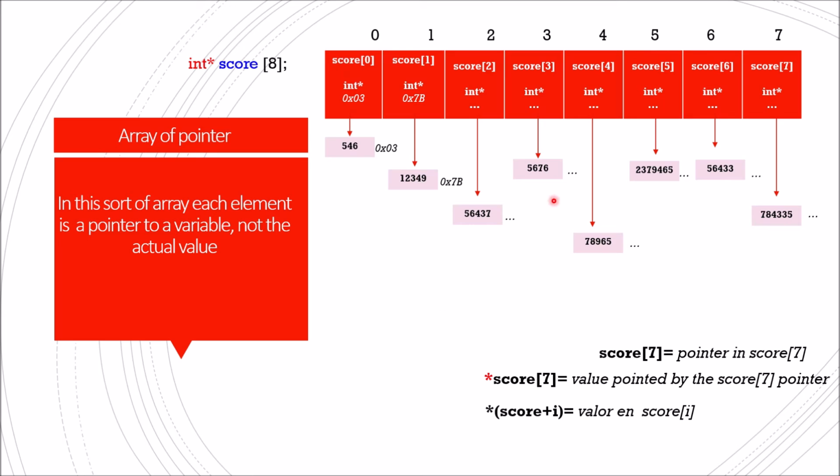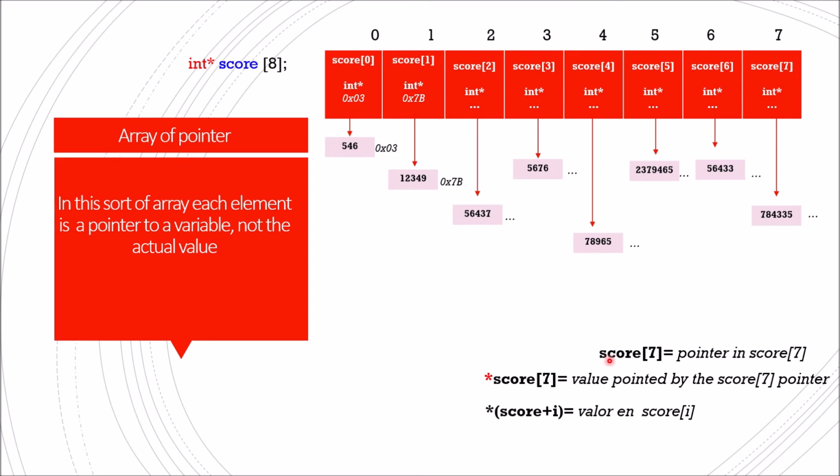All of these positions within the array contain the address, I mean a pointer to the actual value. So this is what an array of pointers means: it contains the pointers to the values here, not directly the actual value.